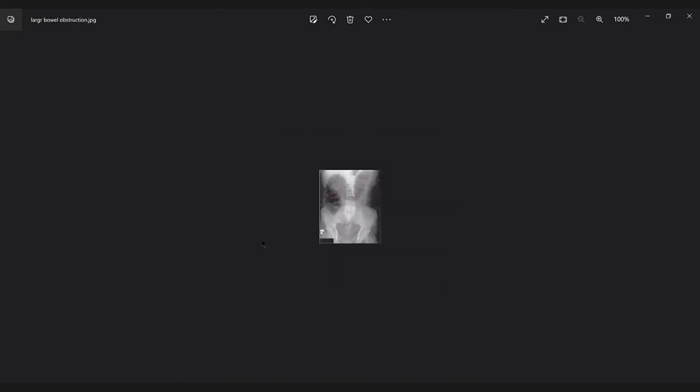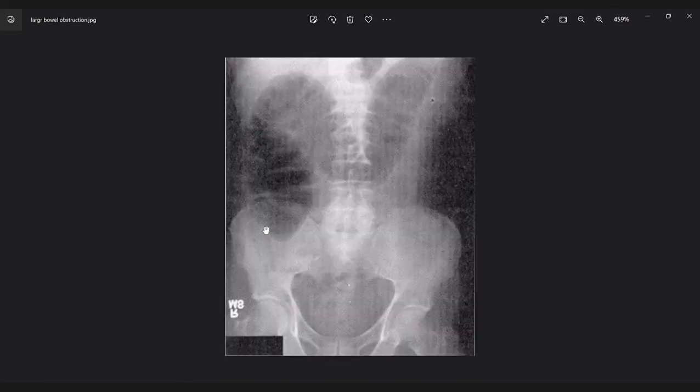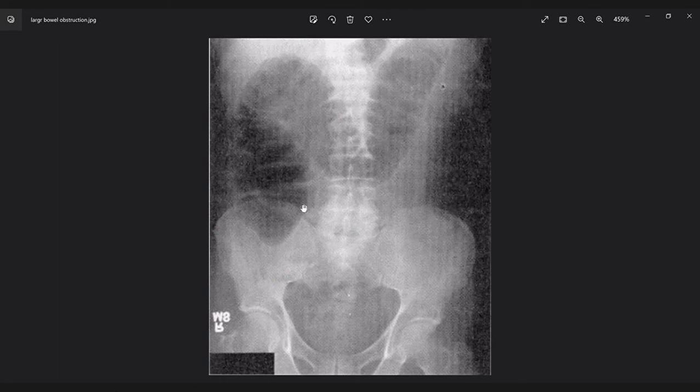The ileocecal valve is competent, so it will not allow flow back into the terminal ileum. In most instances, the ileocecal valve will become incompetent, which is a good thing. It buys you time.